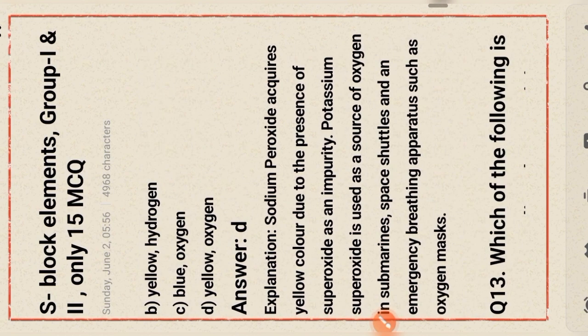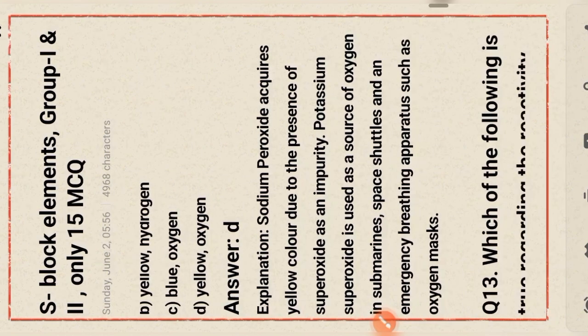Now I explain this part. Sodium peroxide acquires yellow color due to the presence of superoxide as an impurity. Potassium superoxide is used as a source of oxygen in submarines, space satellites, etc.